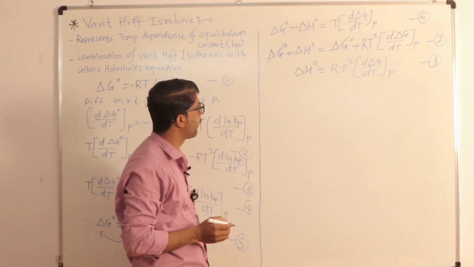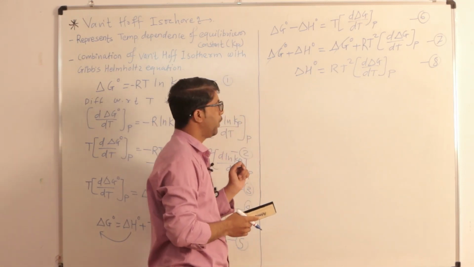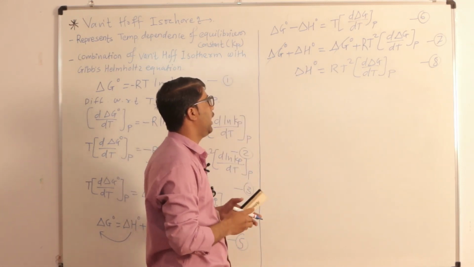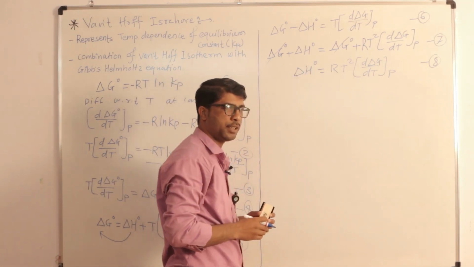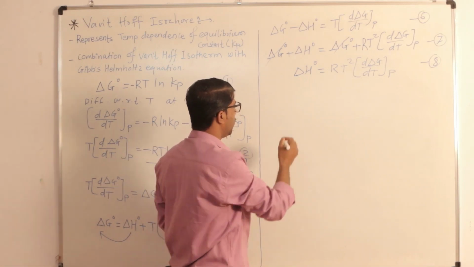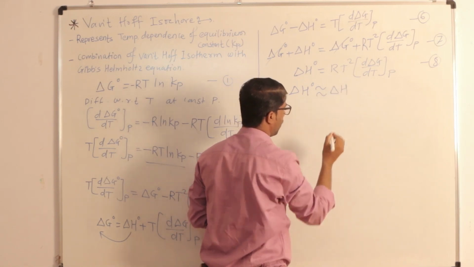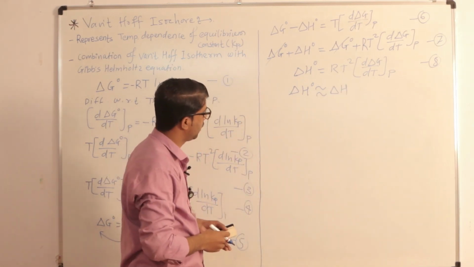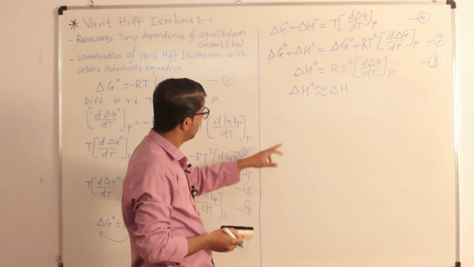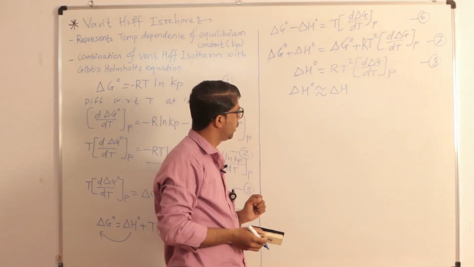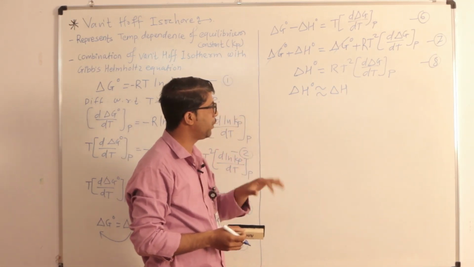In the next step, if you observe equation number 8, we found that this delta H0 under standard condition, that is the change in enthalpy under standard condition, is almost equal to delta H at any other pressure. This change in enthalpy is equivalent to the change in enthalpy only.